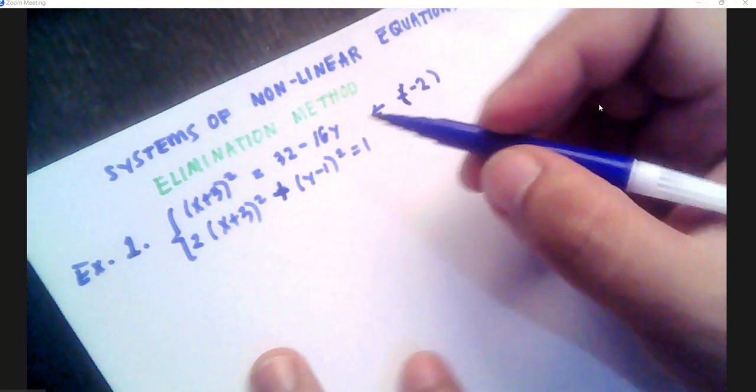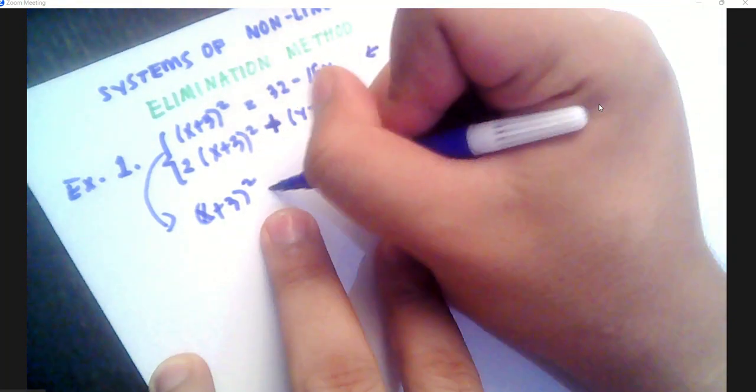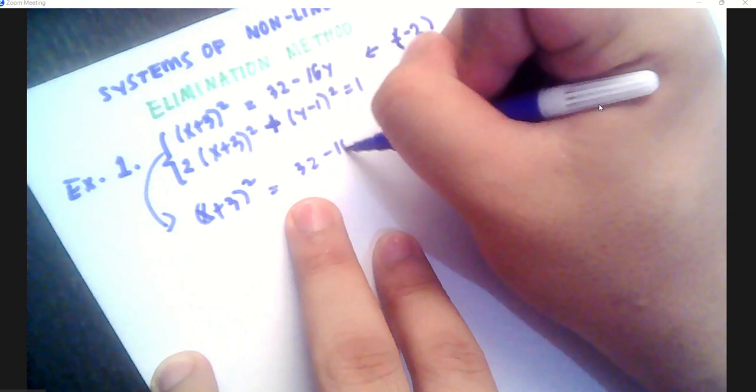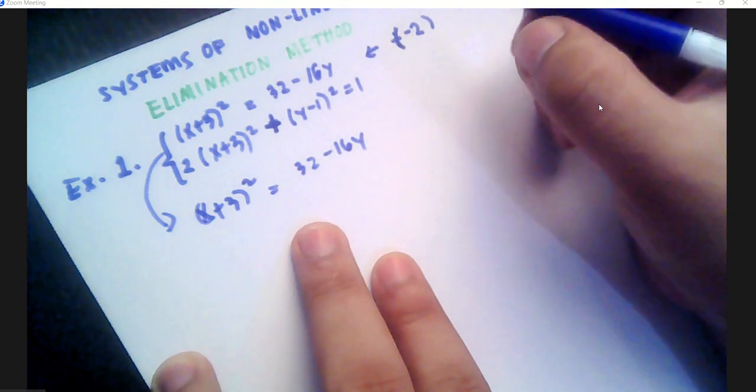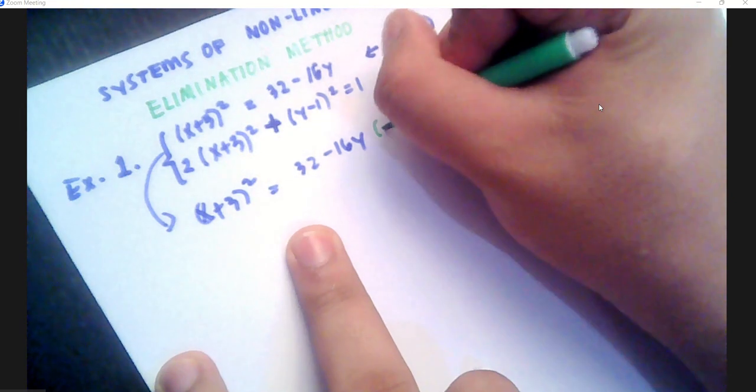So that becomes, let me do it here, x plus 3 squared. Let me copy it first before doing so. 32 minus 16y, and again we multiply, use another color, -2 on both sides.